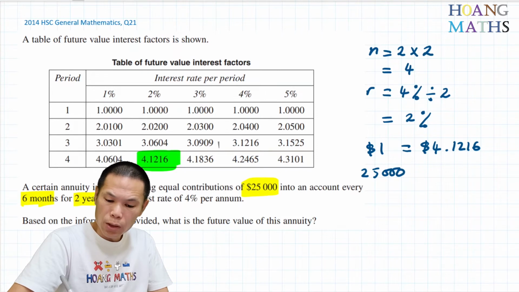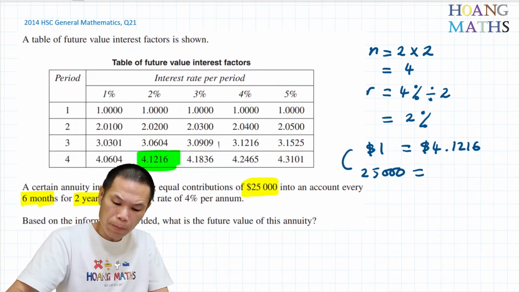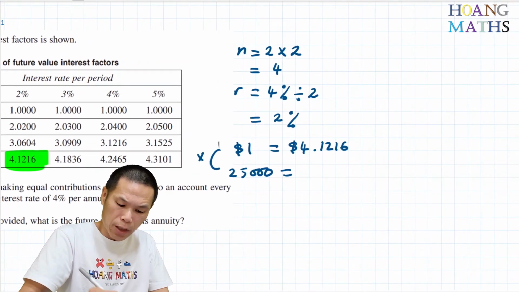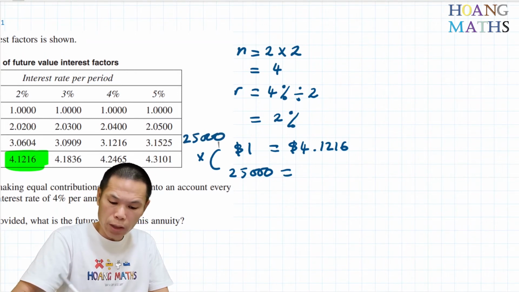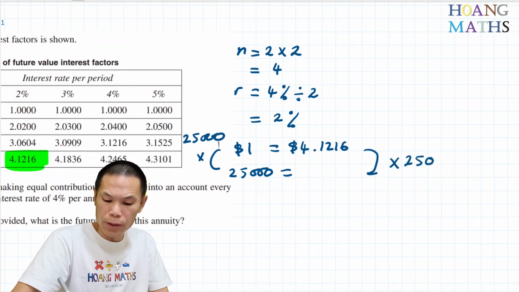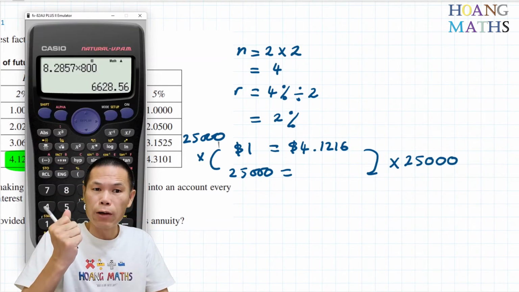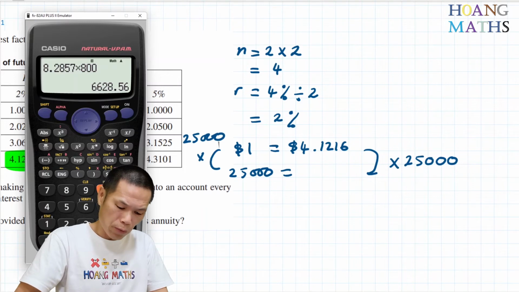But we make a regular payment of $25,000, so from here to here we times by 25,000. Therefore, this also needs to be times 25,000. Now I just put that on a calculator: 4.1216 times 25,000.